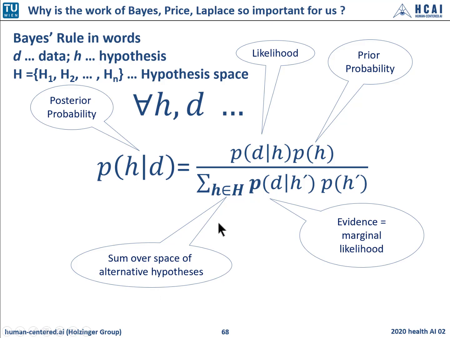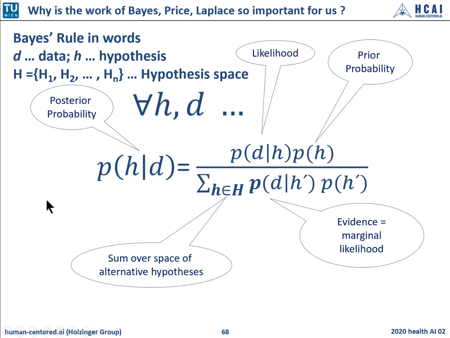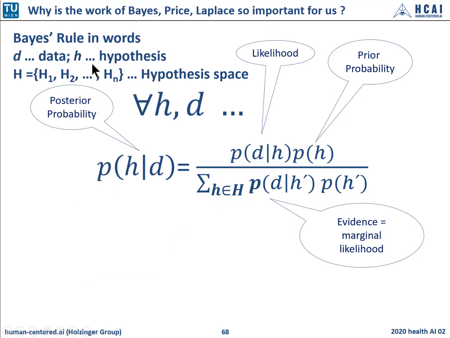And this is a sum over the space of alternative hypotheses, so this can be very difficult, of course, but this is the essence. The essence is this inverse probability.